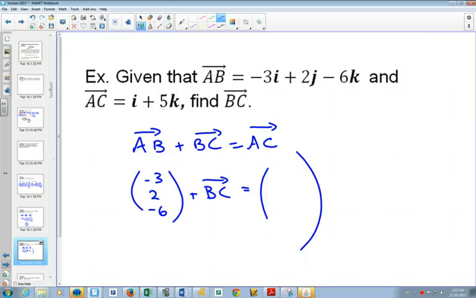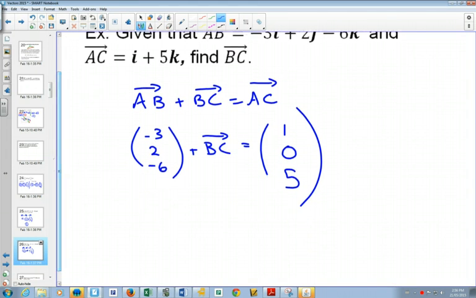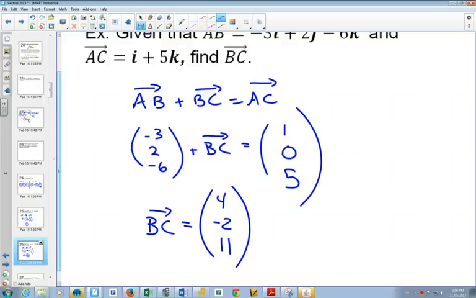Add a 0, j is missing. So then you could subtract the vector on both sides, or maybe you can just see what the answer is going to be. 4, negative 2, and 11.